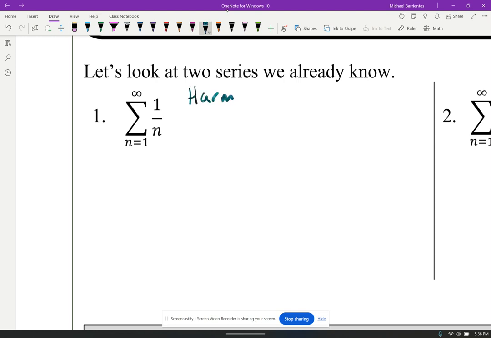You should be able to look at this and recognize this as a specific type of series. This is a harmonic, and we already know harmonics diverge. But I want to try this new test to see if it'll confirm that, right? And so I'm going to take the limit as n approaches infinity of the n plus 1th term. What that means is I'm going to take my equation, and wherever I see a variable, I'm going to replace it with n plus 1.